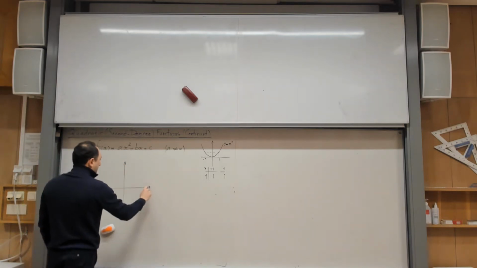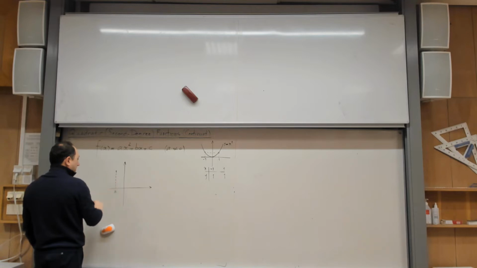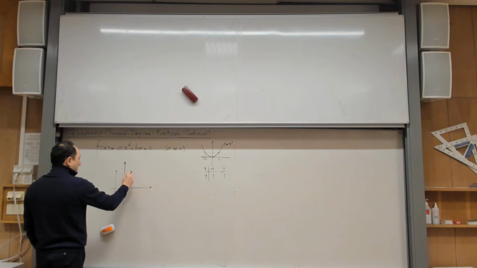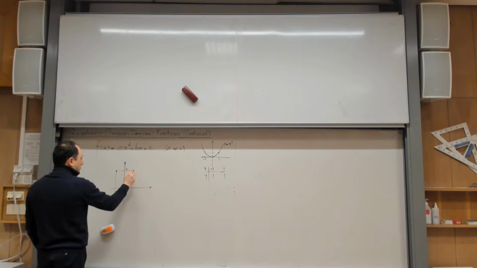If I give you a point here, say for example, its x coordinate is a, and its y coordinate is b. If I reflect it about the y-axis, what do you get? You get another point.